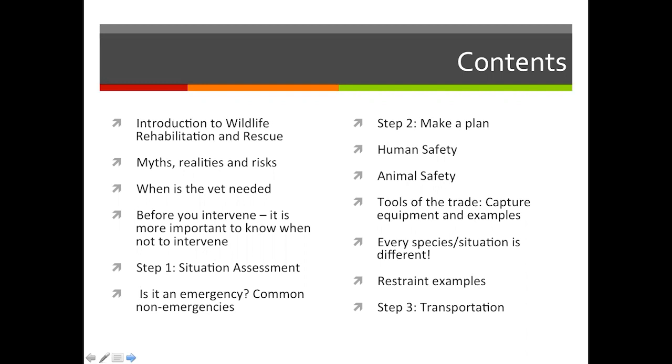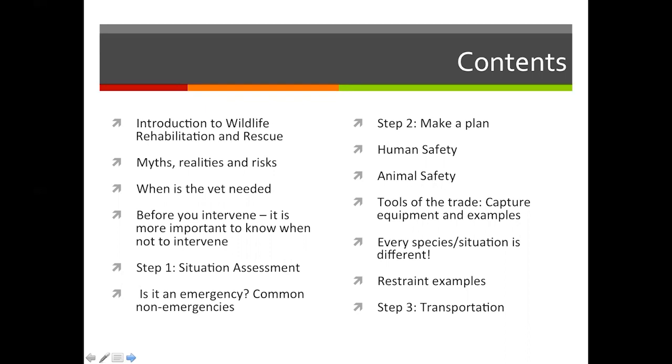And we come to step two, make a plan: talk about human safety, talk about animal safety. Then I will present tools of the trade for capture. Every species is different, requires specific training, and there are also countless different situations.